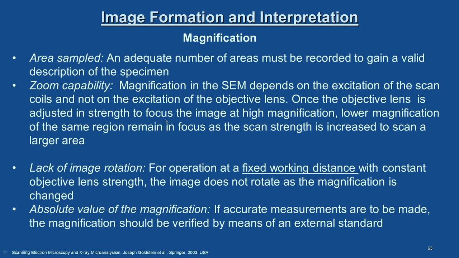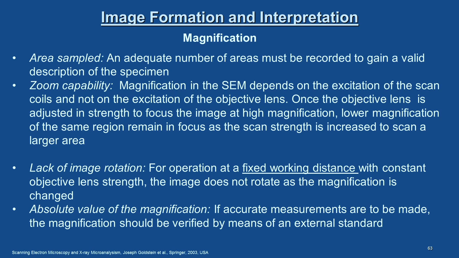And we have to be very careful about this magnification, high magnification images, because the area sampled has to be kept in mind, and an adequate number of areas must be recorded to gain a valid description of the specimen. So, then only you can say that you have imaged the specimen with a reasonable representation of the bulk information.